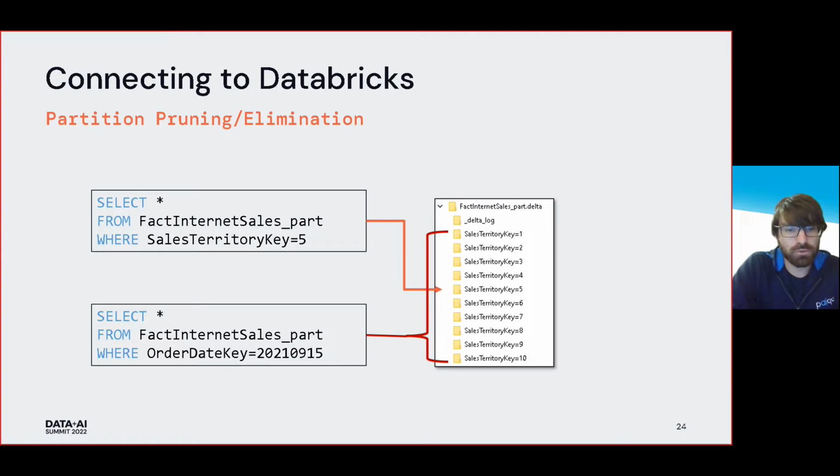However, if you would write a query that's not optimized or that's not aligned with the partitioning columns, you would actually need to scan the whole table in order to find the rows that are necessary to answer your query. As you can imagine, if you have a big table that's multiple terabytes or even petabytes, that just doesn't work usually, right? So you always need to be aware what those partitioning columns are and how to use them.